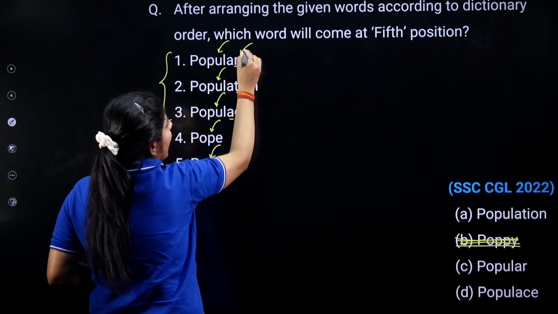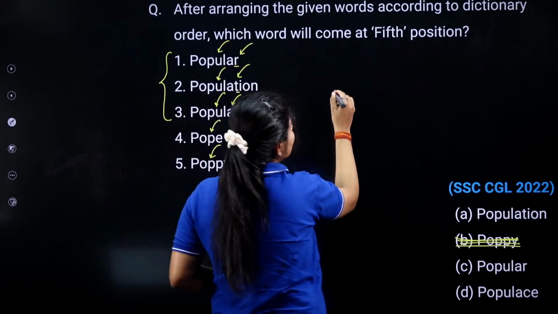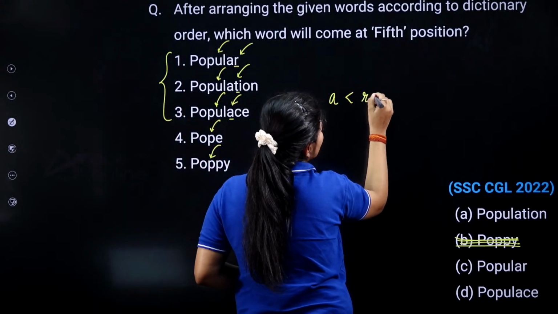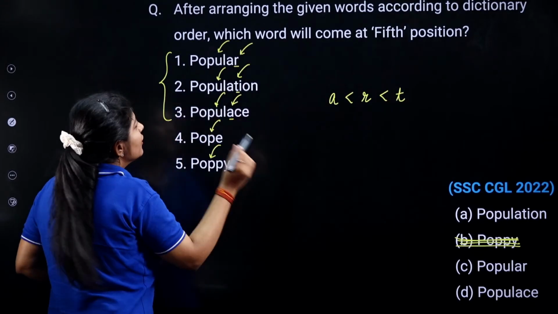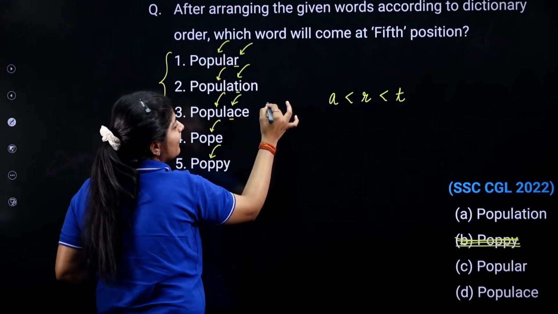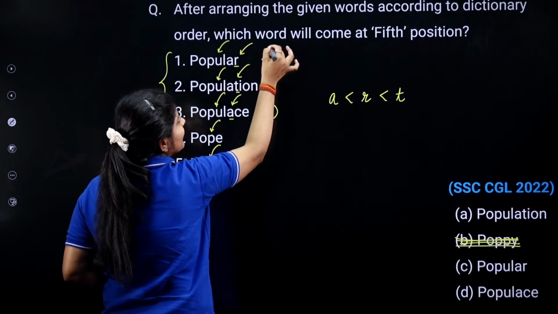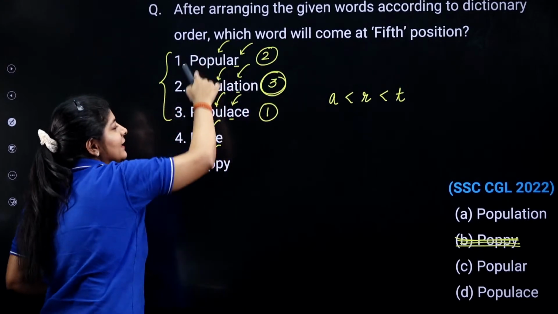So here I am having R, T, A. I know that A comes first, after that R will come, and after that T will come. Right? I know this arrangement. So out of these 3 words, this will come at the first position, this will come at the second position, and this will come at the 3rd position.